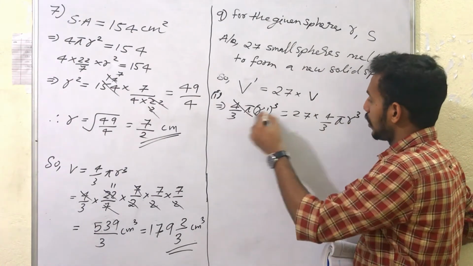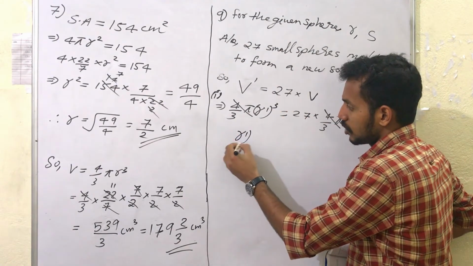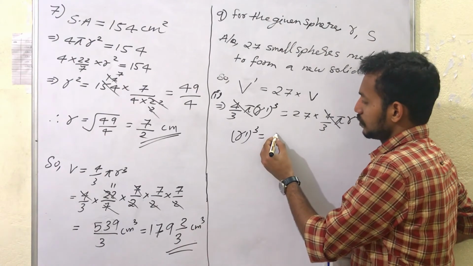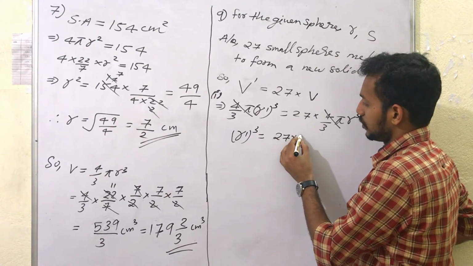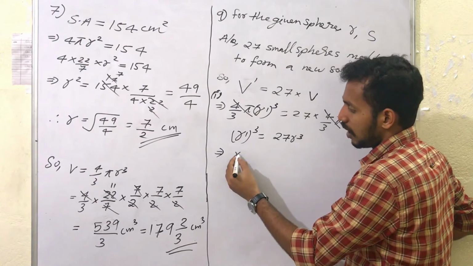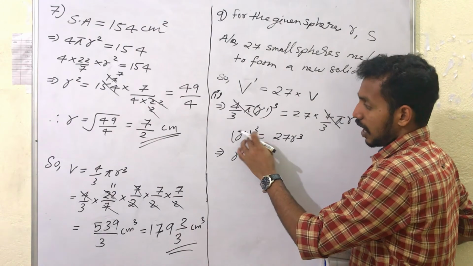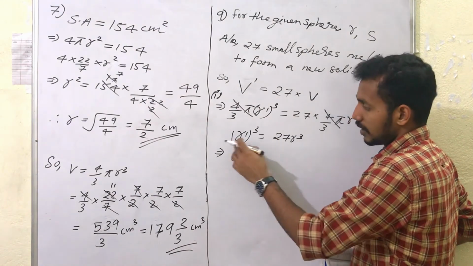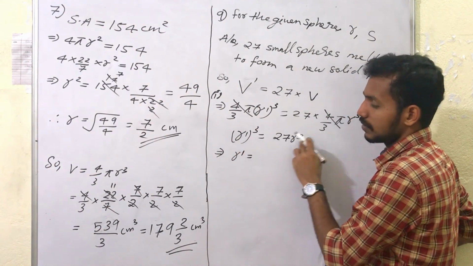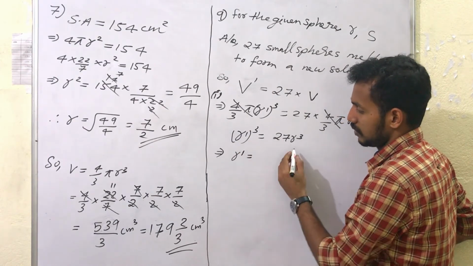Here 4 by 3 pi is common, cancel it. r dash cube is equal to 27 r cube. That implies r dash is equal to the cube root of 27 r cube.